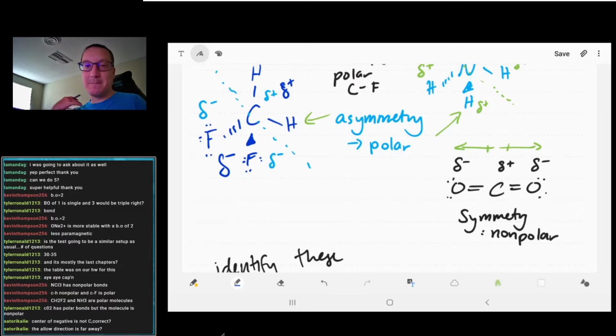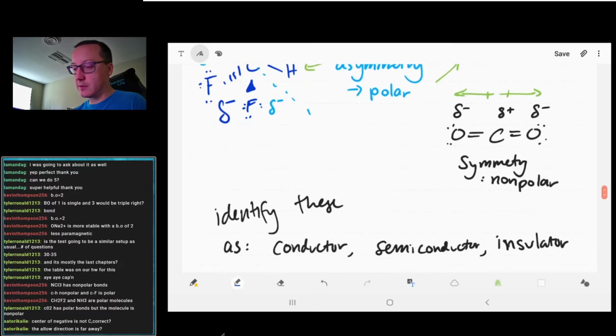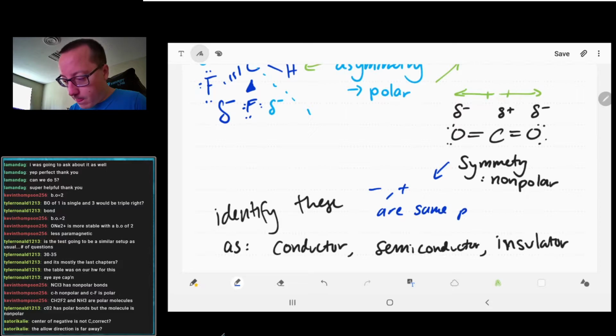Because they are the same magnitude, they're going to cancel out. So it may be easier to just remember it this way. If it's symmetrical, that means your negative and positive are in the same place. If it's polar, they're in different places.